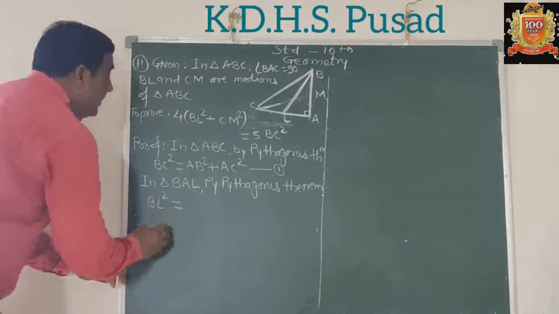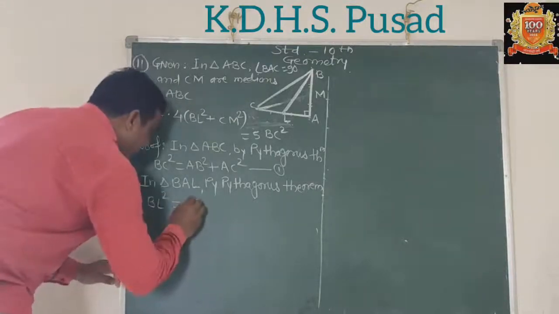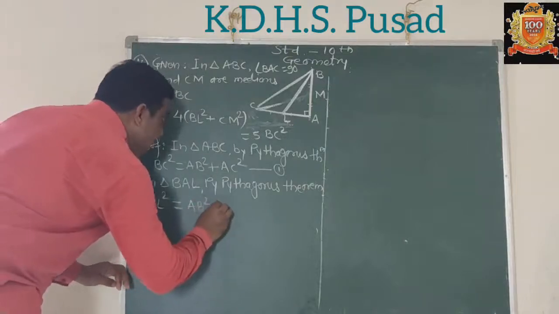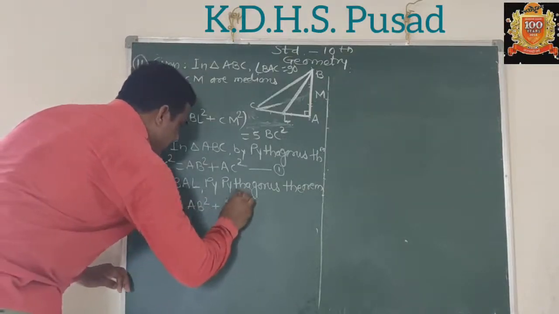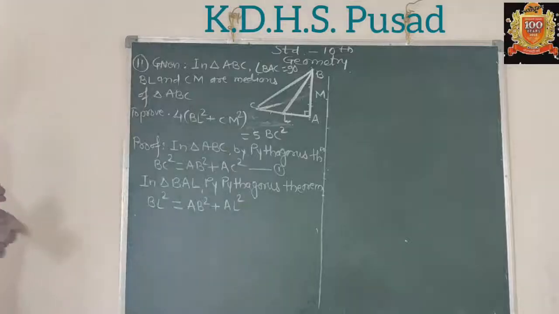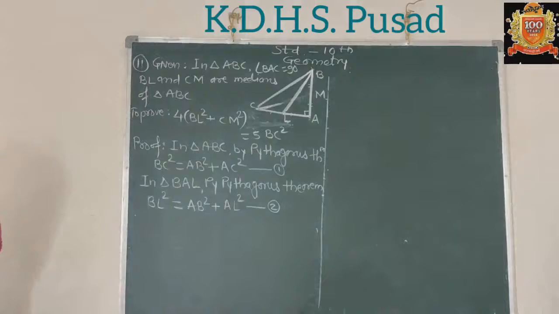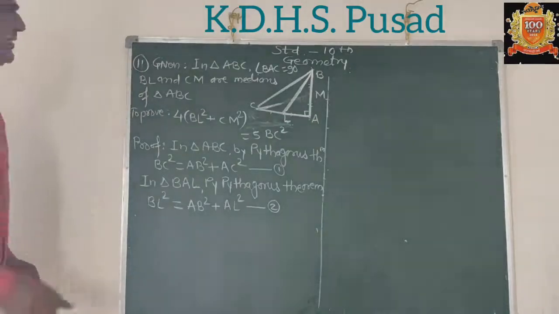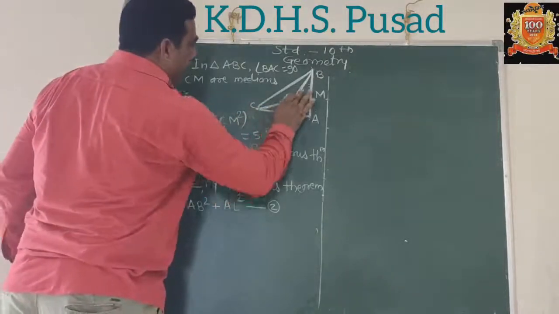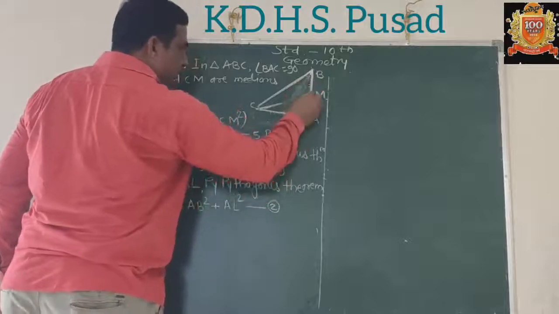BL square is equal to AB square plus AL square. Equation 2.